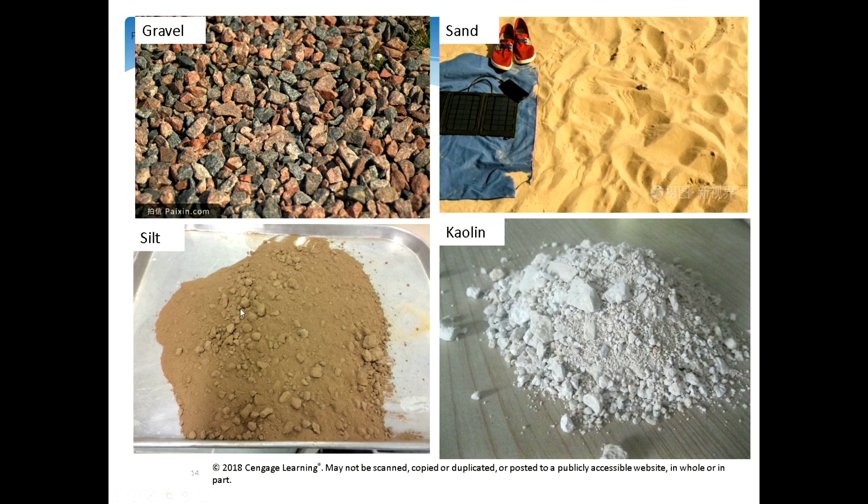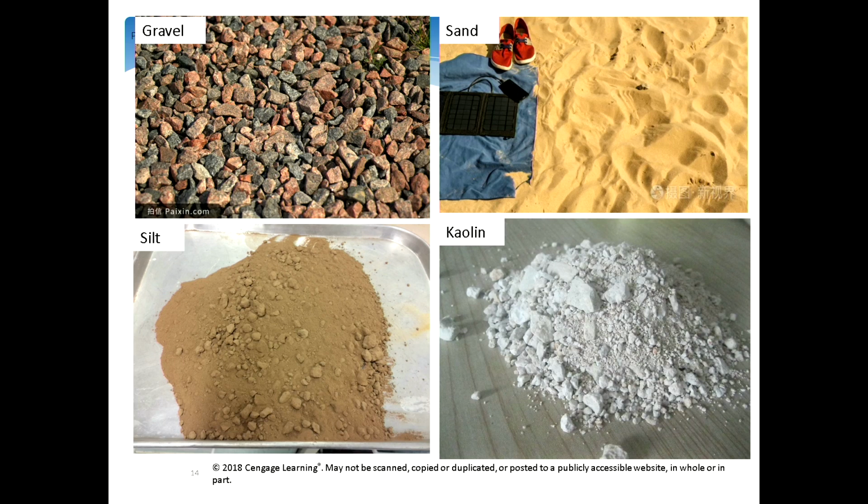And for silt, if you do the mechanical analysis here and get the particle size distribution, you'll find that a silt soil has some sand, maybe around 2%, silt around maybe 60%, and clay around maybe 30%. But because the silt percent is about 60, much larger than sand and clay, we call this kind of soil a silt.